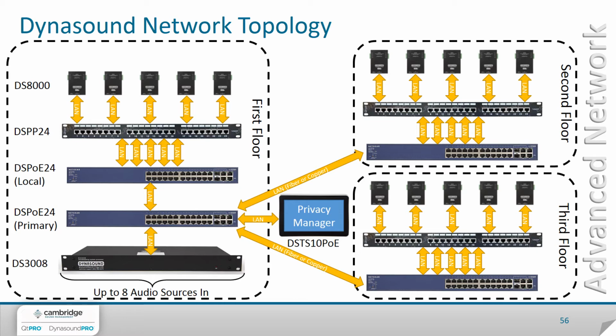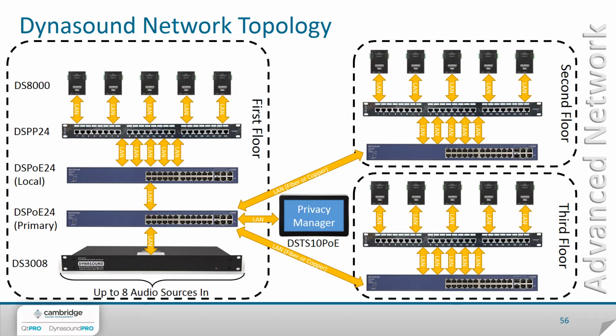The maximum number of hops is 6 between any 2 components in the system. The primary switch keeps the number of hops minimized, while the local switch provides a nearby means of powering DS8000s on each floor in order to stay within the 330-foot, 100-meter limitation.